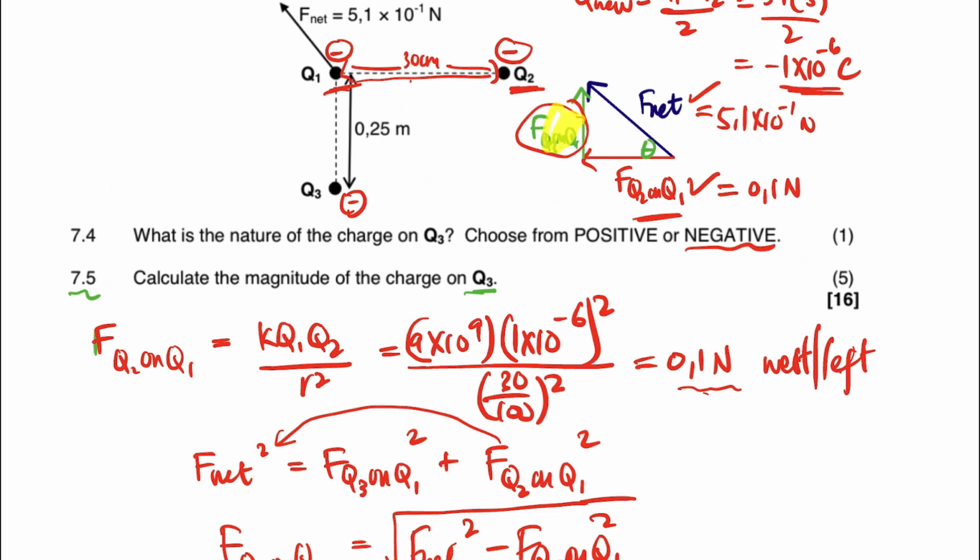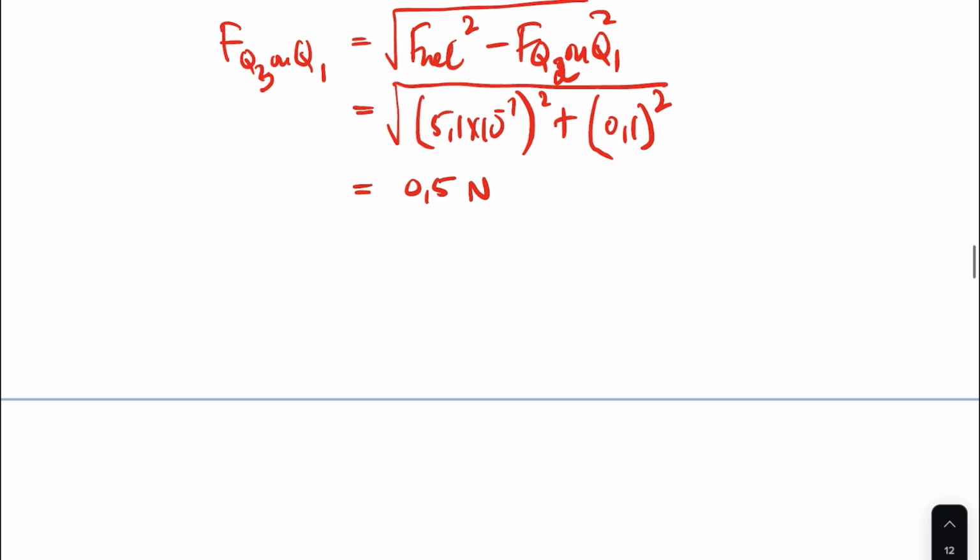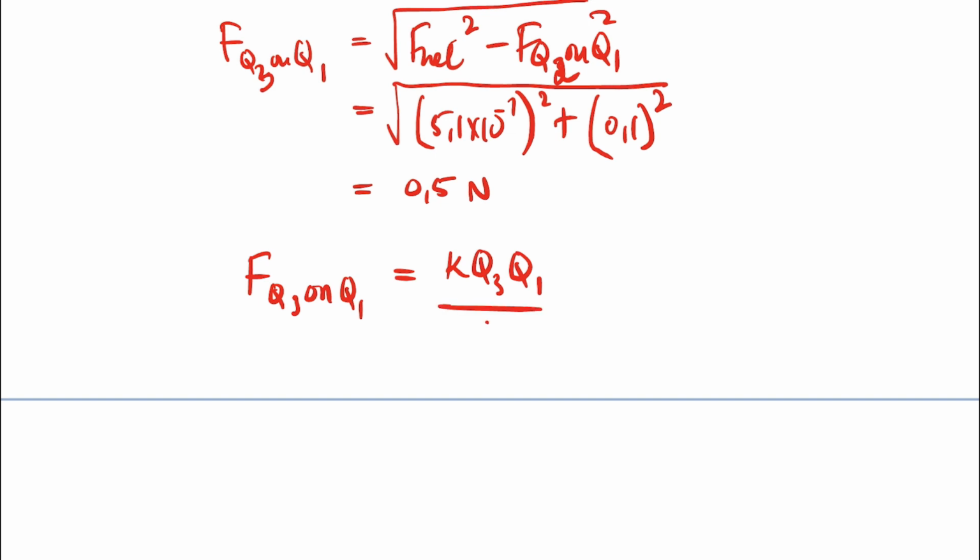Now that we have this force, I can simply go and say force of Q3 on Q1 is equal to K Q3 times Q1 over R squared. And then I substitute the force there.